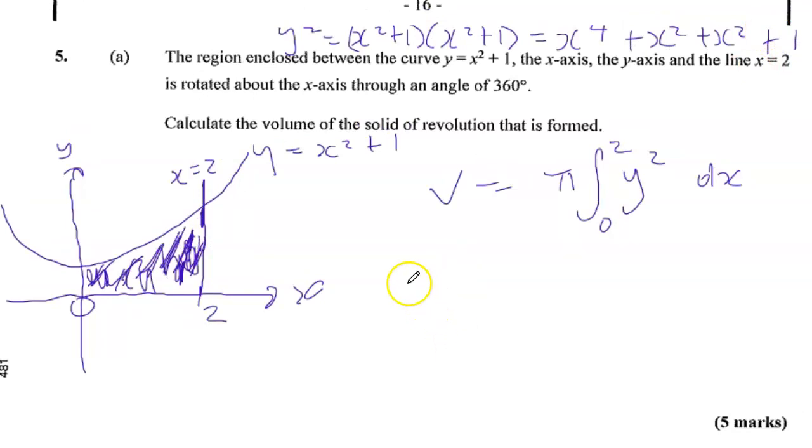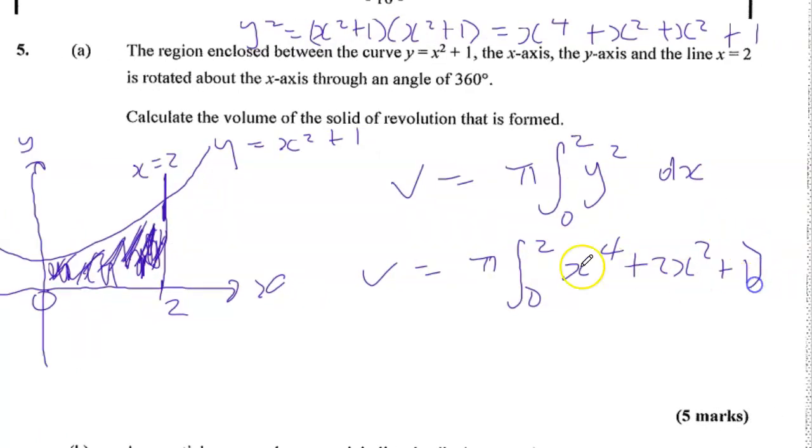So V is pi times the integral of y squared, and y squared is x to the power of 4 plus x squared plus x squared, so plus 2x squared plus 1. So we're integrating all of this with respect to x.